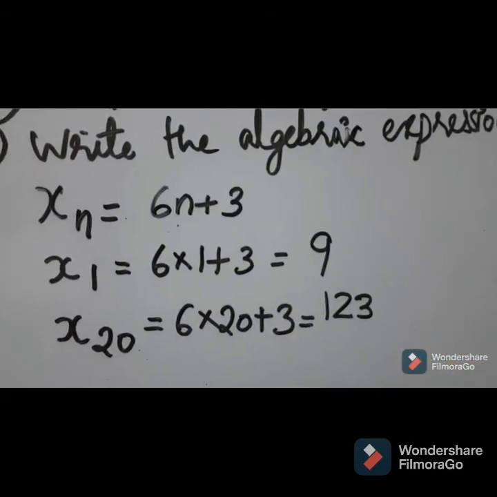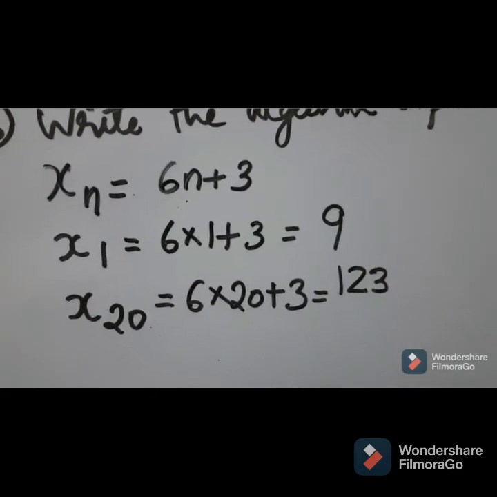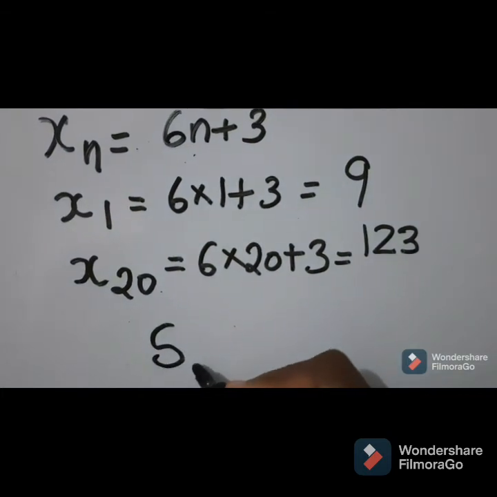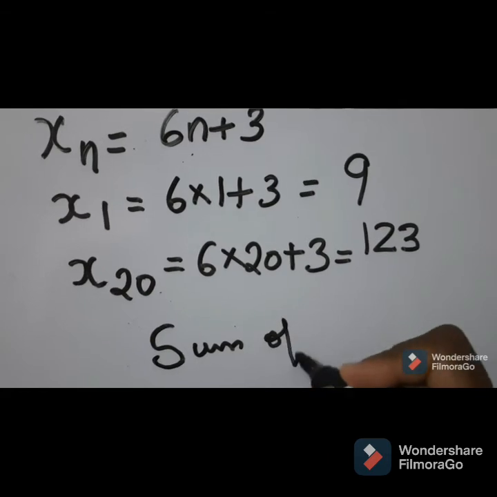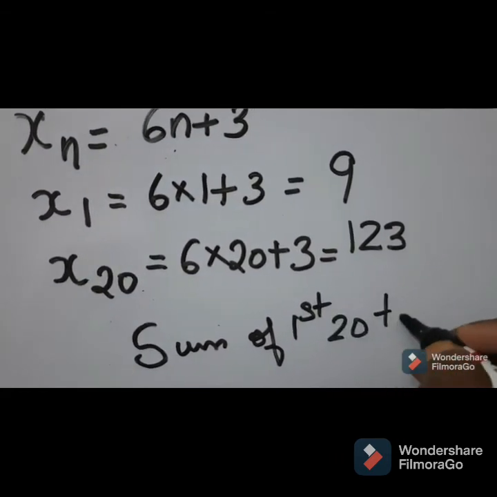Now we get the first term and the last term. So we can find the sum of the first 20 terms.